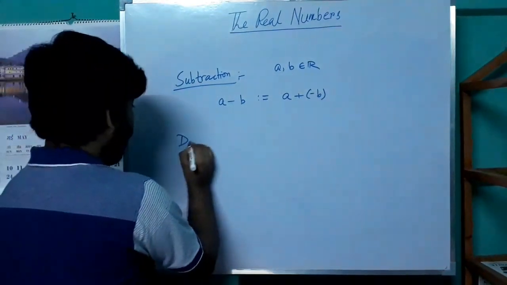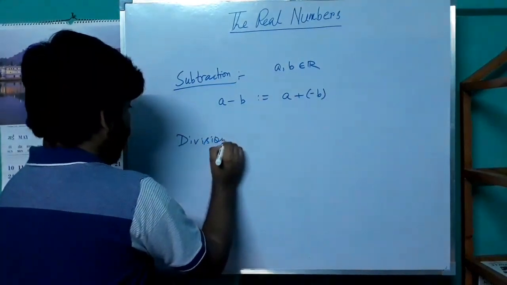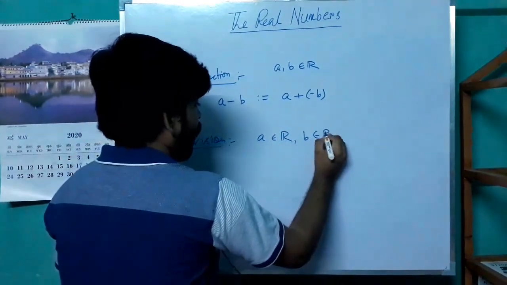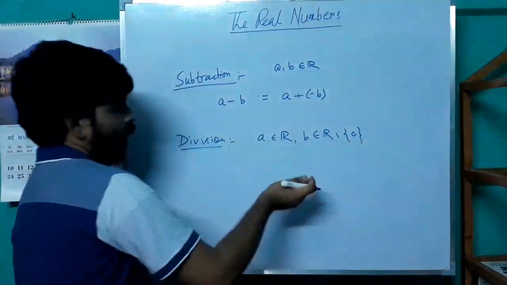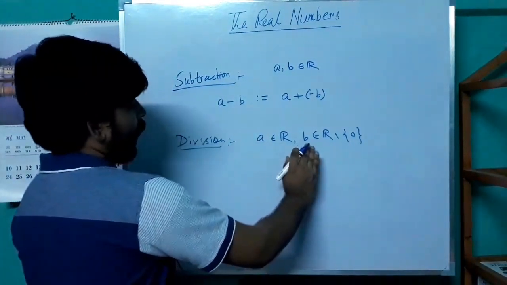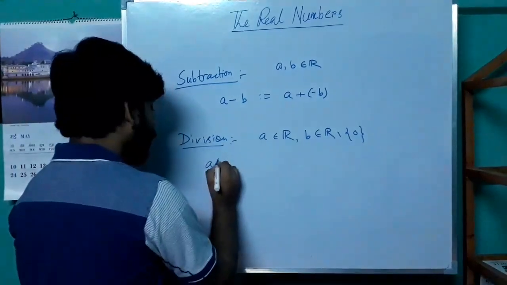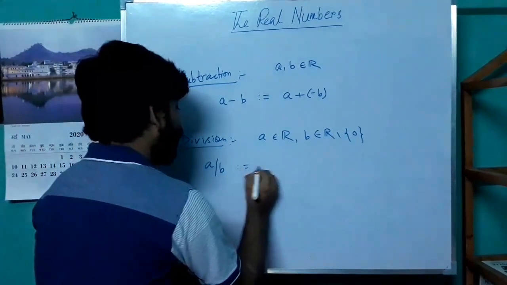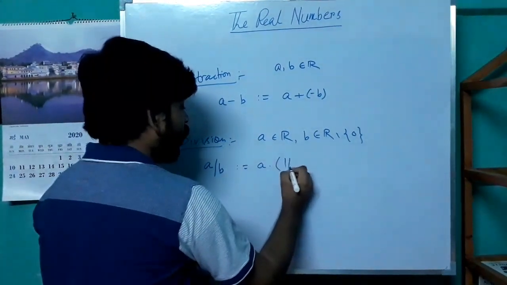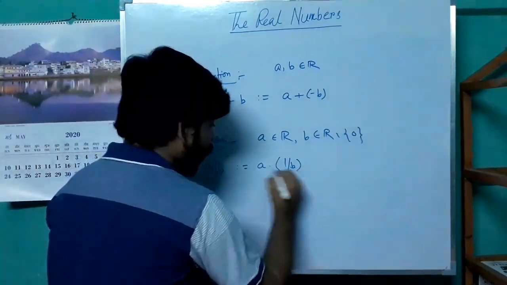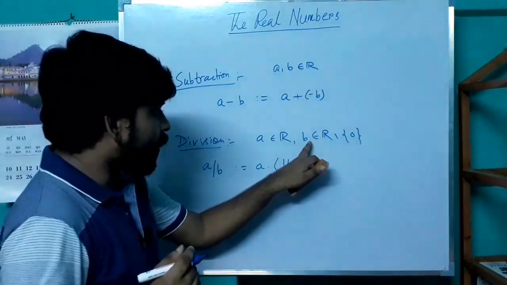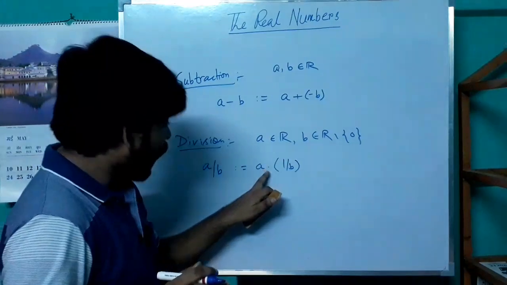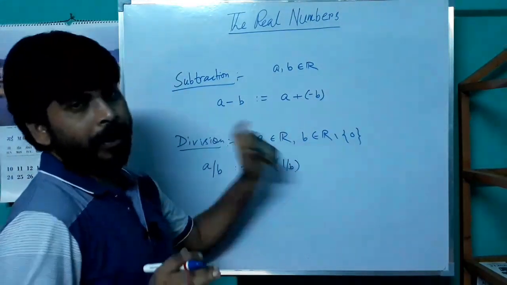And we define division: we take two real numbers, one any real number and another a non-zero real number. We say a by b is a multiplied by the reciprocal element of b. Since b is non-zero, its reciprocal 1 by b exists.